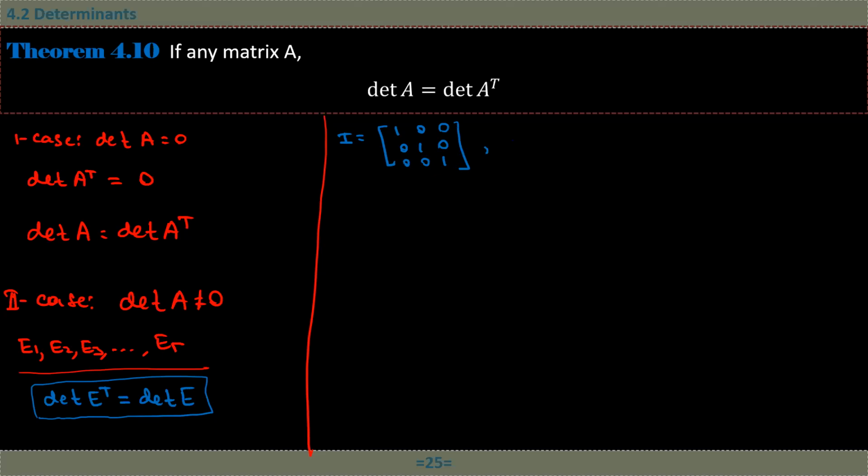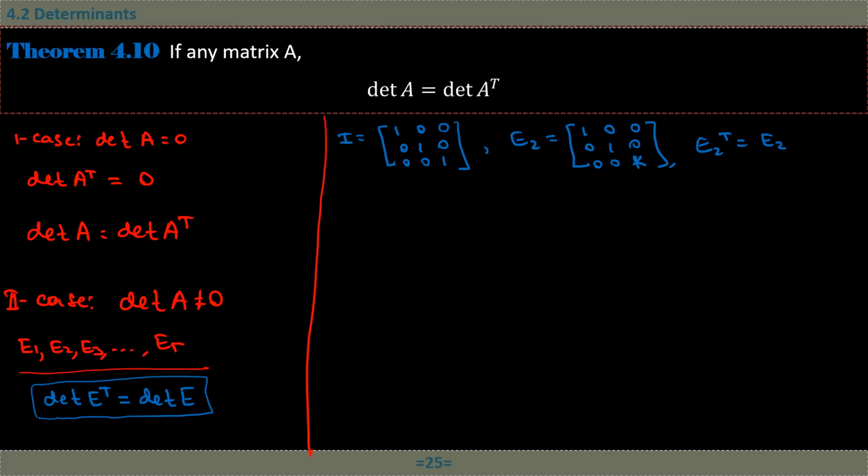So if you multiply, say, the third row, we get 1, 0, 0, 0, 1, 0, 0, 0, k. As you see here, E2 transpose is equal to E2, because if you transpose this, it does not change, it's the same thing. That means its determinant is equal to itself.